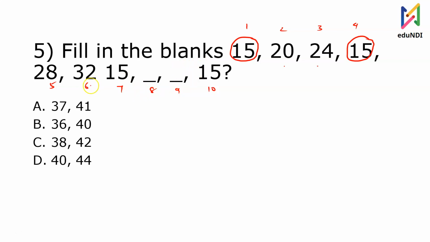After 32, you can have 36 and 40, right? So 15 is getting repeated in the series, more as a distraction. So let's knock out 15. Basically, I don't want to worry about 15. So I'm left with 20, 24, 28, 32, 36, 40. Simple, right?